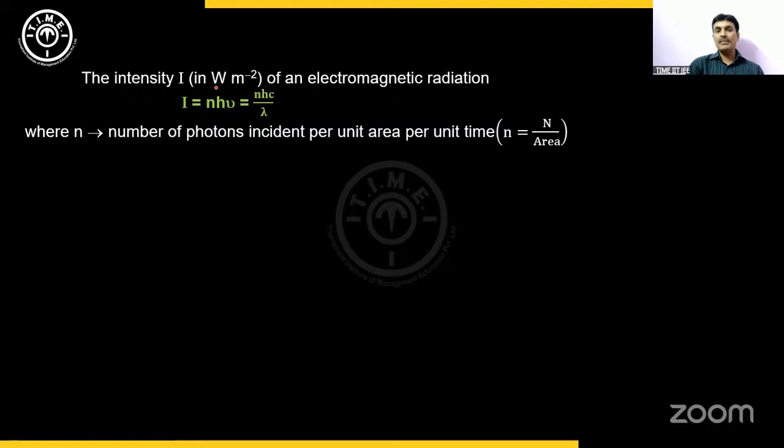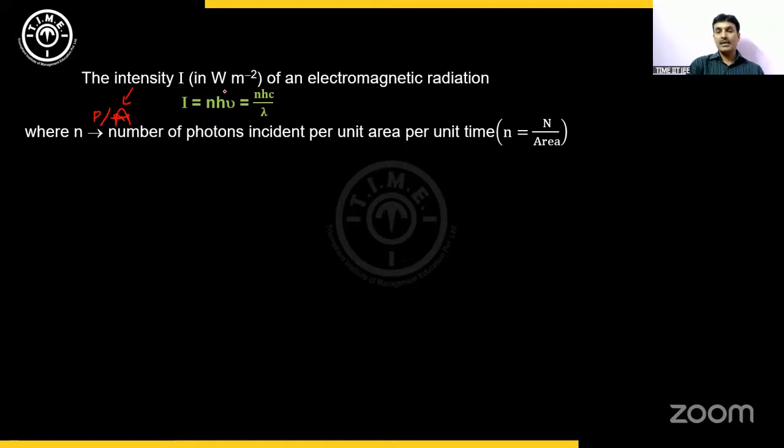Energy per unit time is power. So intensity can also be expressed as power per unit area, or energy per unit time per unit area. Okay. Now coming to the units, it is measured in watt per meter square.